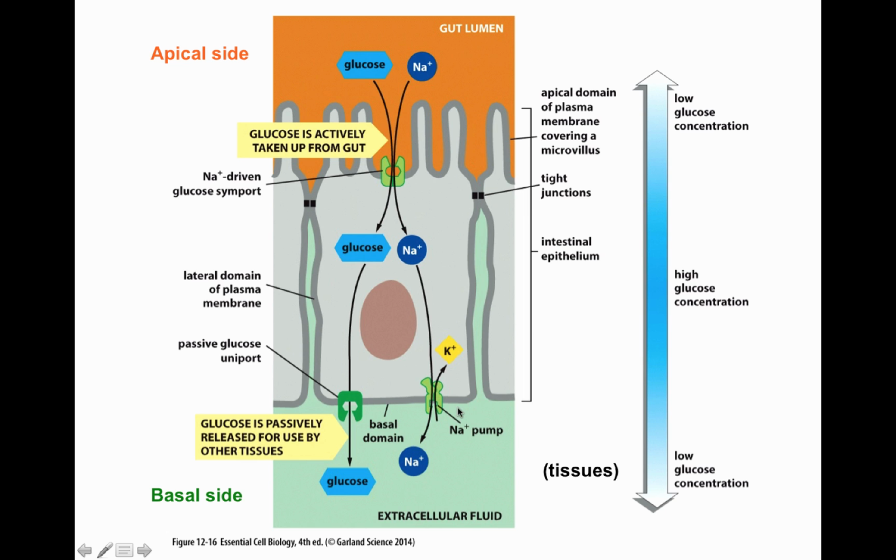We also have the sodium potassium pump, which is going to use ATP hydrolysis to allow for the movement of sodium against its concentration gradient, moving it outside of the cell, and the simultaneous import of potassium against the concentration gradient.